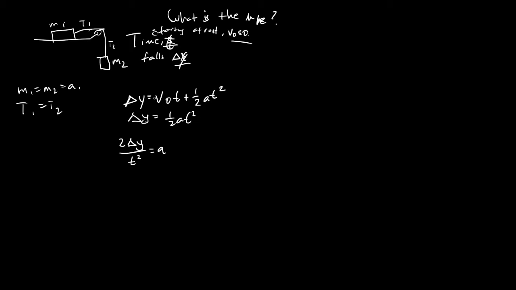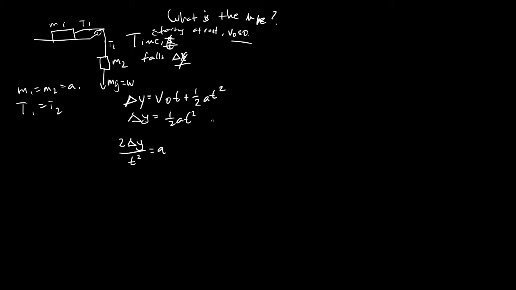Now that you can calculate acceleration, you can calculate the tension. Going back to our free body diagram, we know that there's a force of weight, mg, the mass times gravity. And there's also an opposite force called tension.